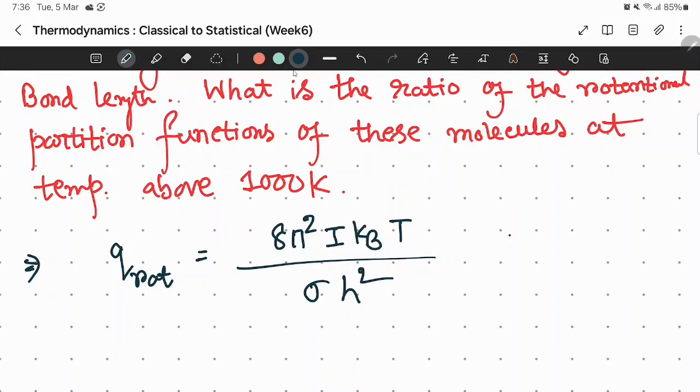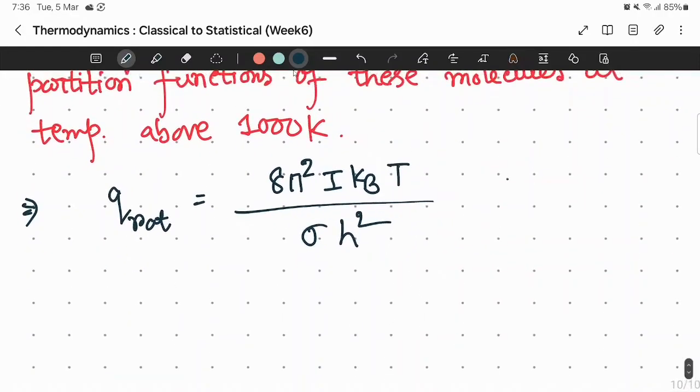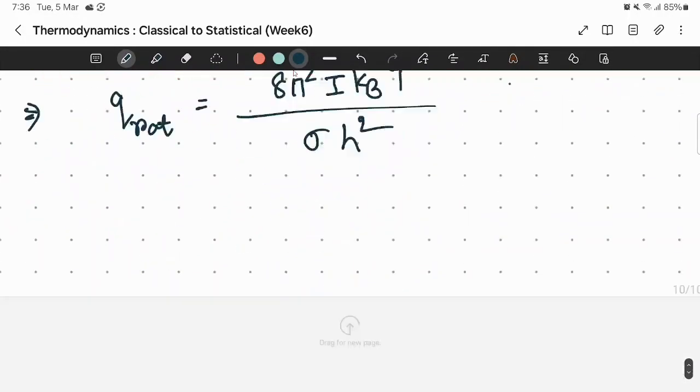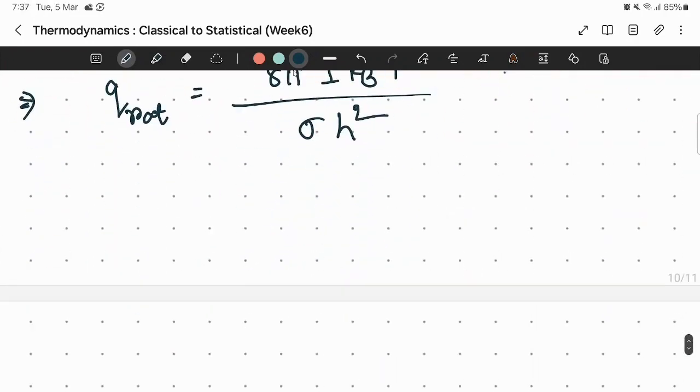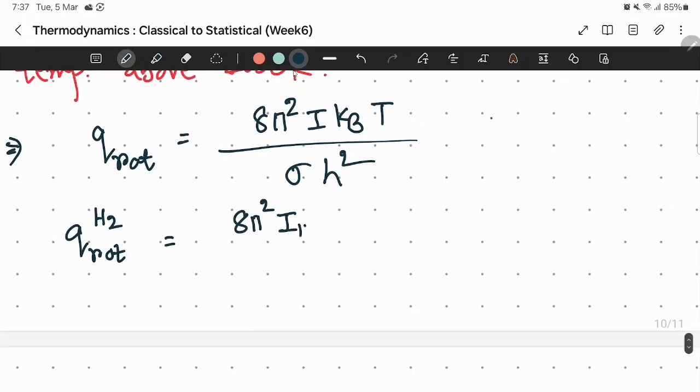Now for HD and H2, we have to know. For H2, these are same: I of H2, kBT, these are constant, sigma of H2, h square.